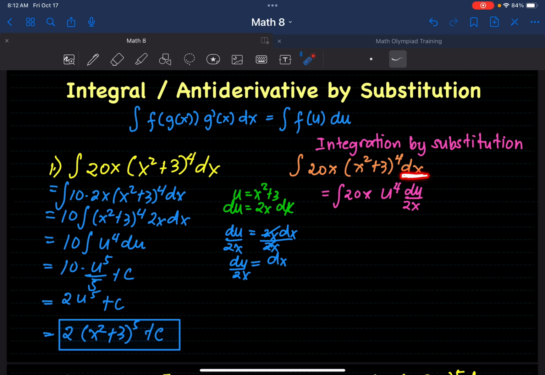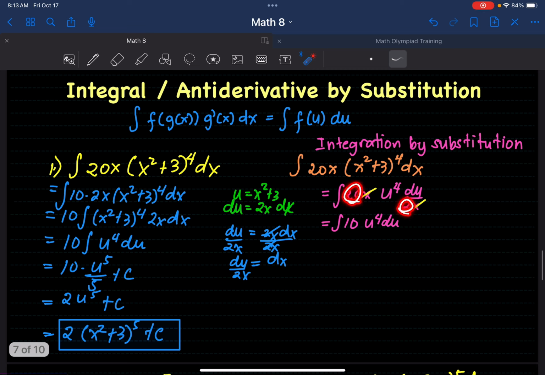And dx becomes du over 2x. Then simplify. So cancel x. So 20 divided by 2 is 10. So we have integral of 10 u raised to 4 du.